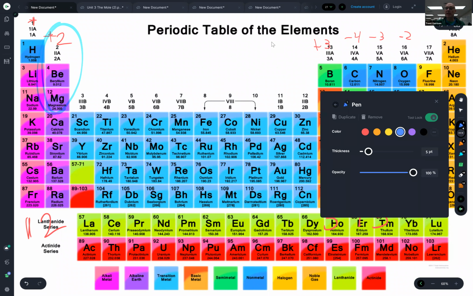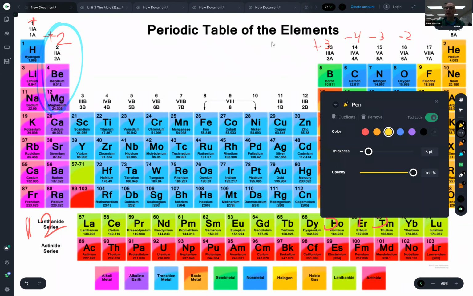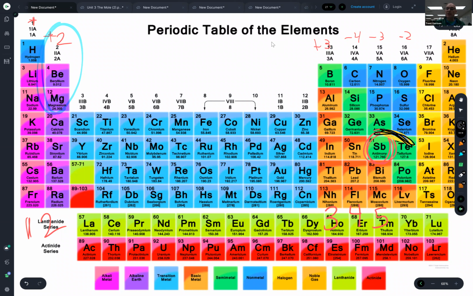Let me just go with black. If we take antimony and it moves 1, 2, 3 places, that means it could gain 3 electrons, or it could lose 5 electrons.